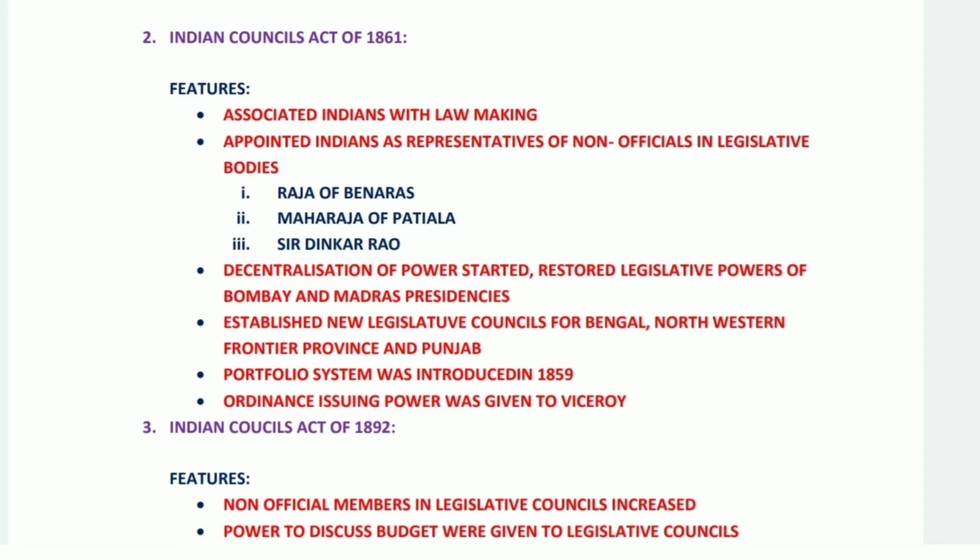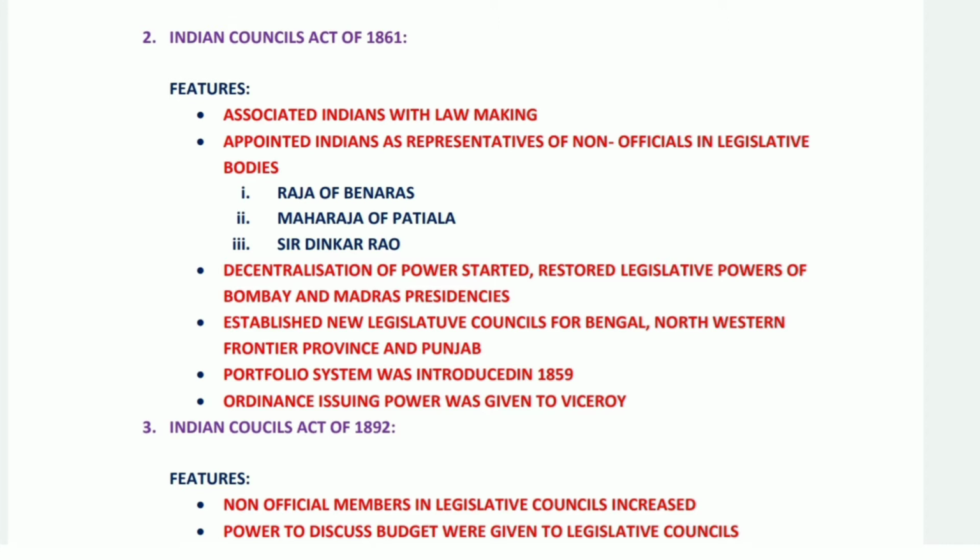So through this act, the process of decentralization of power started by restoring the legislative powers to the presidencies of Bombay and Madras. That is, in Regulating Act of 1773, the governors of Bombay and Madras presidencies were made subordinate to Governor General of Bengal.